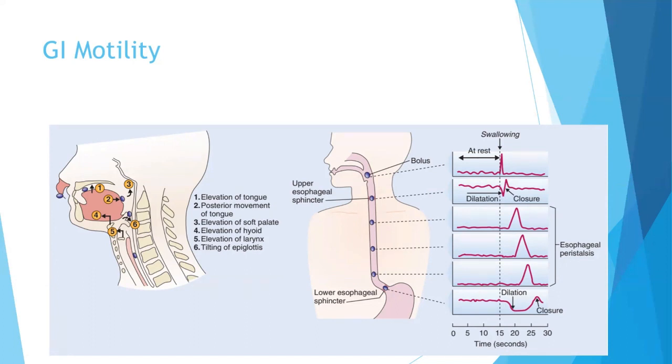And in typical esophageal peristalsis, you can see the forward movement of the waves. You can see this wave is behind this wave, and then this wave. Now this represents the forward movement of the waves in the esophagus, and then there is the dilatation of the esophagus at the lower esophageal sphincter, and then there is the closure of the sphincter, which also gives a small peak.